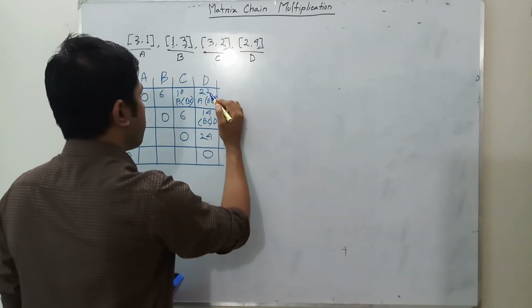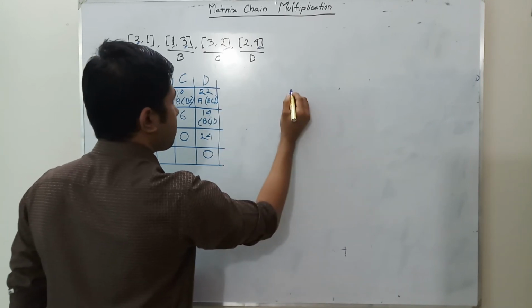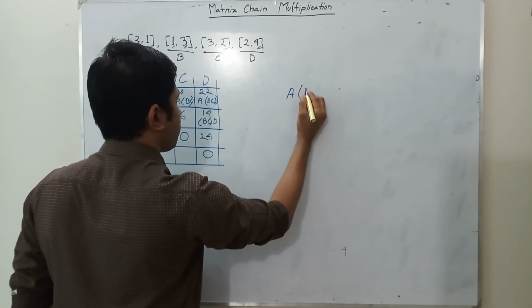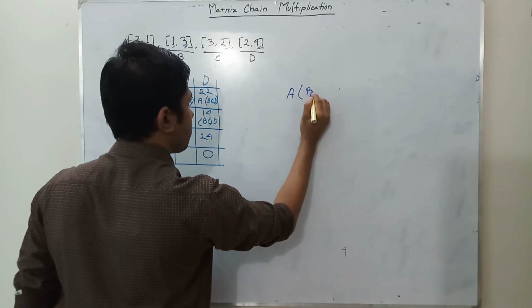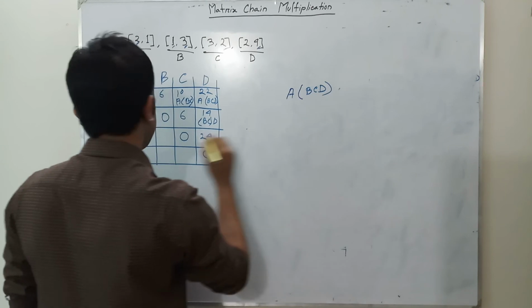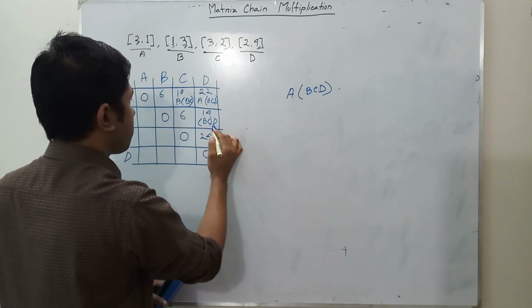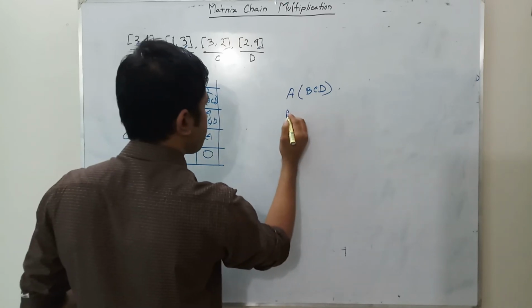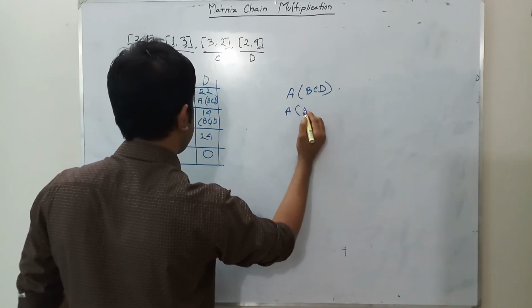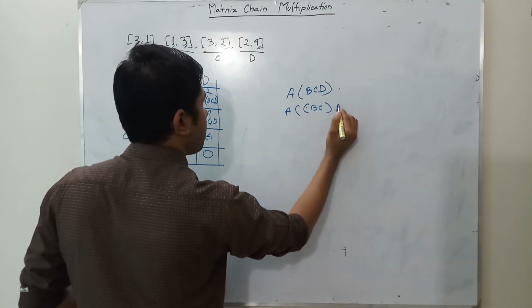To get 22 we need to multiply in this order: first A, then BCD, and for BCD we know we have this order: A with BC and later D.